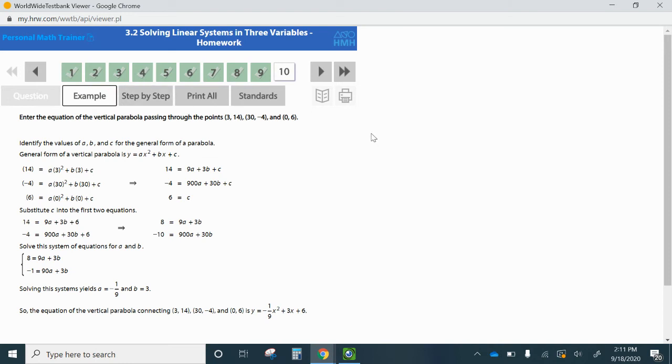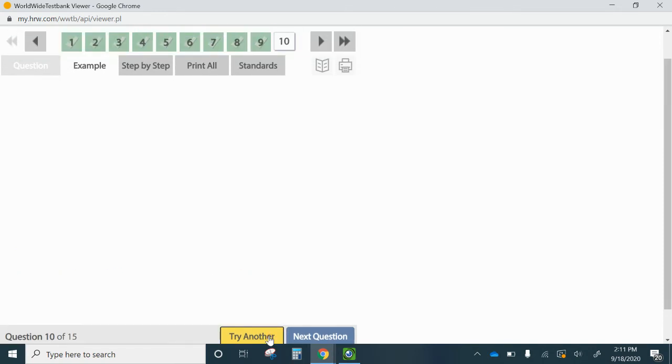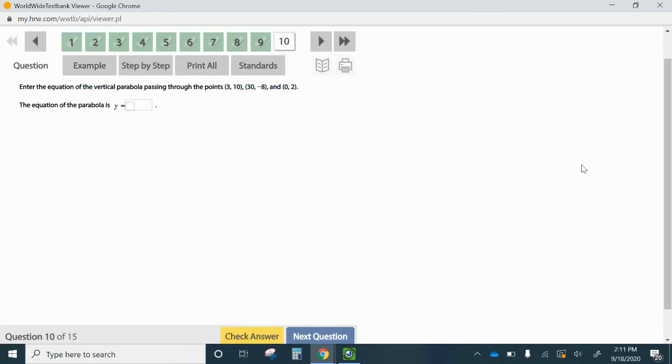So this is question 10. So 3, 10, 30, negative 8, and 0, 2. Okay? So you need the form y equals ax squared plus bx plus c.